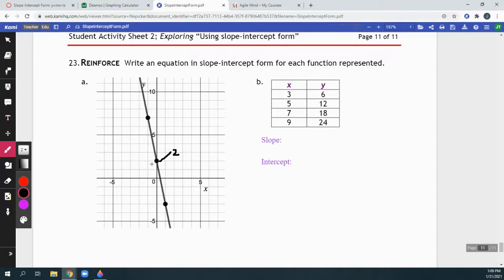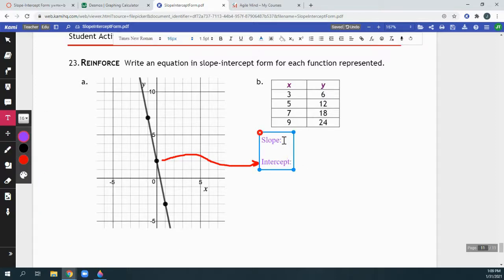Okay. I'm going to make this be red. I'm going to fix this a little bit. I'm going to go back to the text. Slope. I'm going to erase this guy.